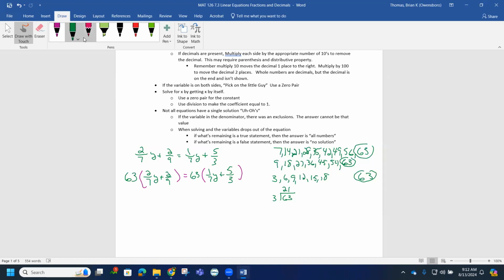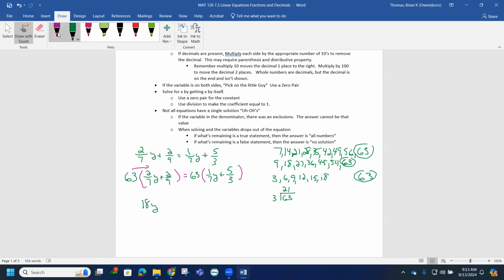So notice how we're going to now use the distributive property. When we distribute through here, we're going to multiply 63 times this coefficient, 63 times 2/7. But remember, when you multiply by fractions, you can actually divide first. So notice that 7 goes into 63 nine times, and then 9 times 2 is 18, and then 18y would drop into the problem.